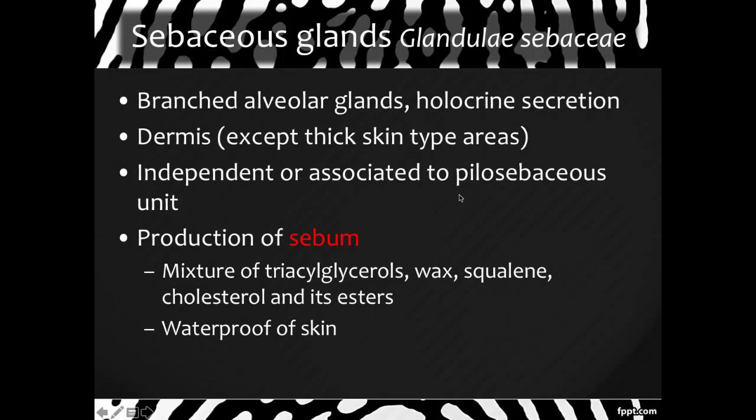As I mentioned, the pilosebaceous unit is the gland and the infundibulum of a hair follicle with the musculus arrector pili. Sorry. So it consists of the hair, sebaceous gland, and the muscle.